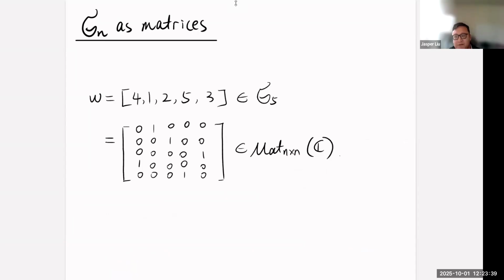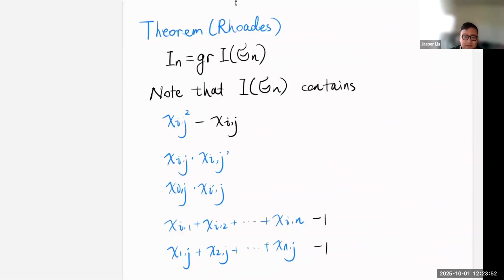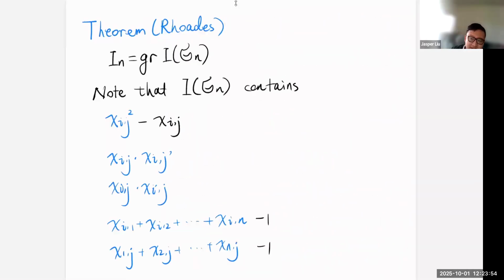So S_n can be viewed as the collection of n by n 0-1 matrices such that there is exactly one 1 in each row and each column. Then we claim that with this setup, the ideal I_n we started with is exactly the associated graded ideal of the vanishing ideal of the locus of all permutations.